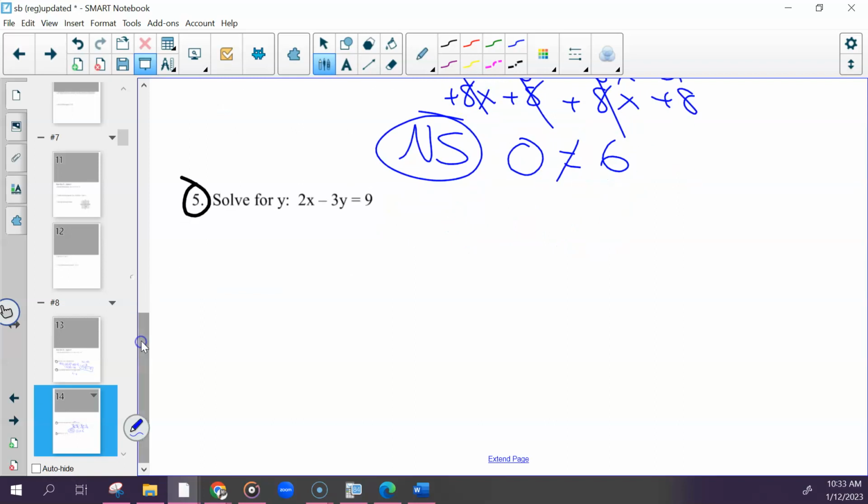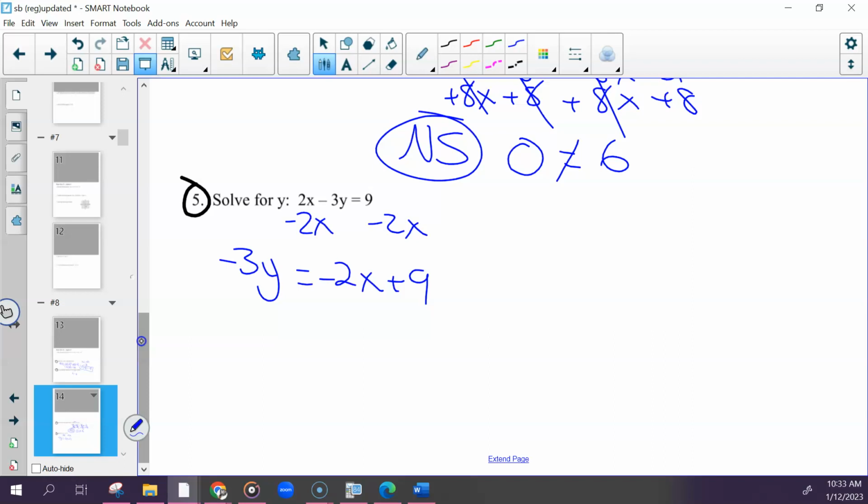And then in that same unit of solving, we were doing literal equations. We also did some of this with graphing, slope, writing, inequality. So we've done this a lot. Solving for y, we have to get our x away from it, get rid of our x. So we can subtract that to the other side. I'm going to put it in the y equals mx plus b format, so switch these.